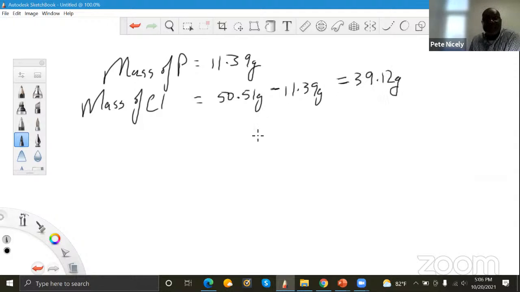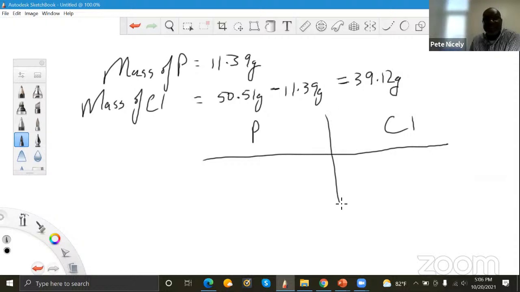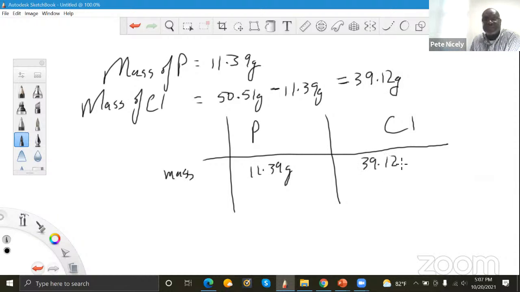So the next thing I would do is construct a table, phosphorus, chlorine. The first row will have the masses. So I'm going to have 11.39 grams and 39.12 grams.